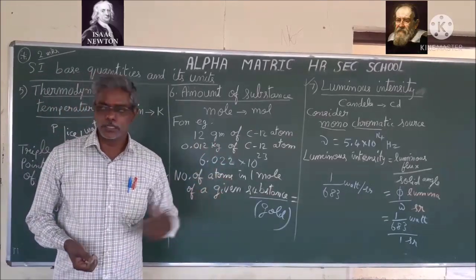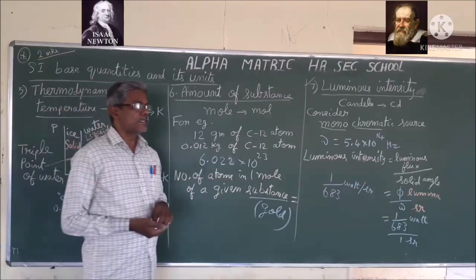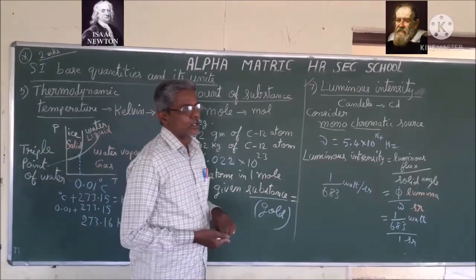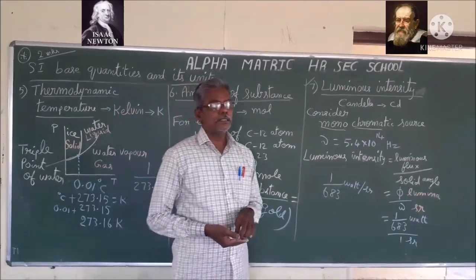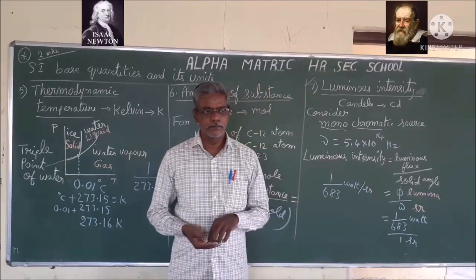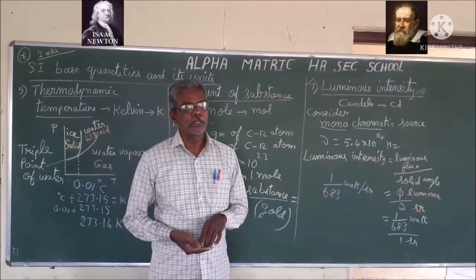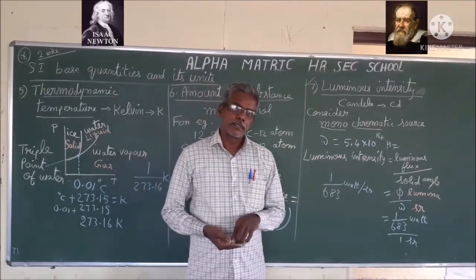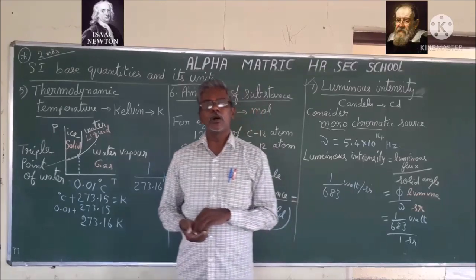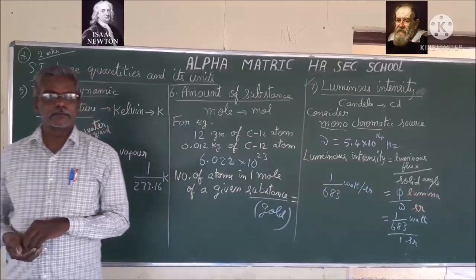Next, mass, the unit is kilogram, symbol is kg. 1 kg is equal to the mass of a platinum iridium alloy cylinder whose diameter is equal to height, kept at the International Bureau of Weights and Measures near Paris.